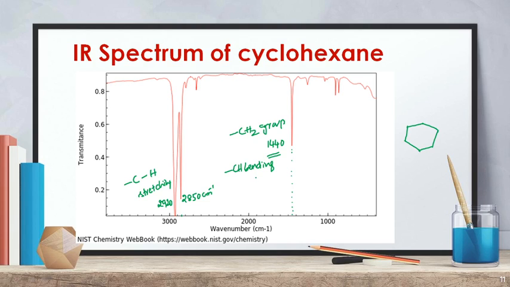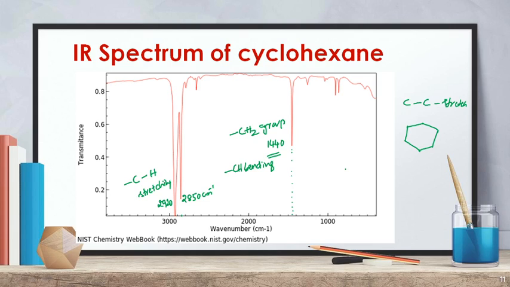Now we have to find the CC stretching, because in the case of cycloalkanes as well as alkanes, we have only CH and CC absorption bands.